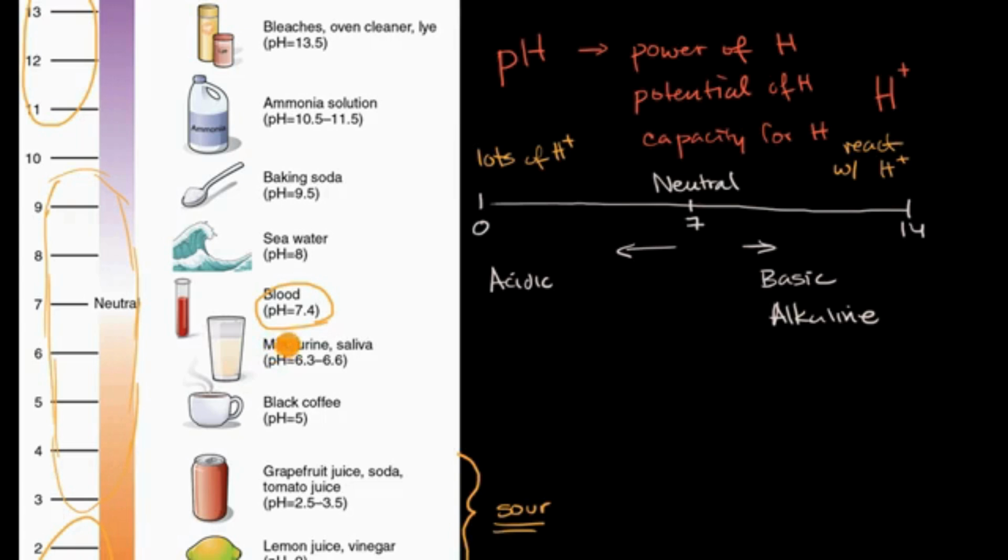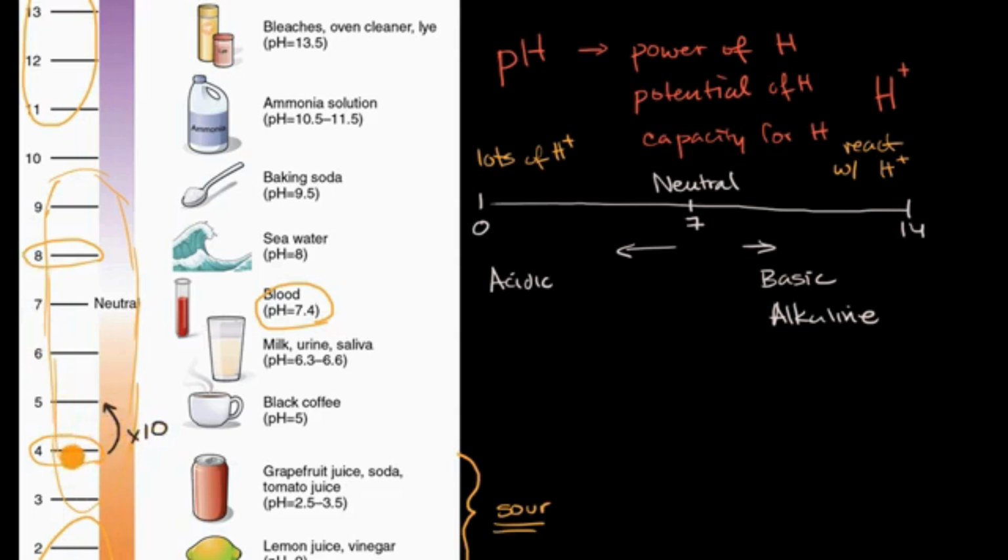Now, with that said, in order to read the pH scale appropriately and to appreciate the differences in acidity and basicity, it's important to realize that it is not a linear scale. So for example, something that has a pH of 8 is not twice as basic as something that has a pH of 4. It turns out when you go from one level of our pH scale to the next, say from a pH of 4 to a pH of 5, you are going up in basicity by a factor of 10.